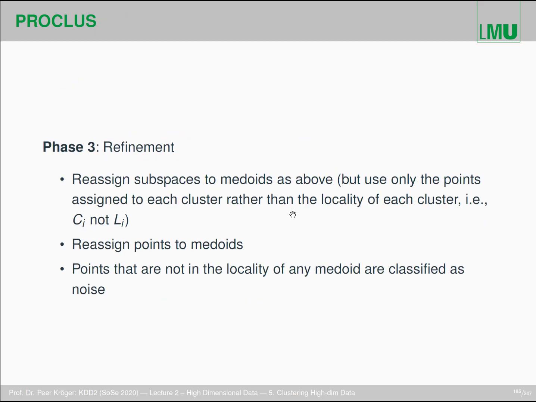Now for the refinement step, you use the entire cluster members from the last iteration. And then you again reassign the points to the medoids, and points that are not in the locality of any medoid are classified as noise. So you have a kind of noise sensitivity in that one here.